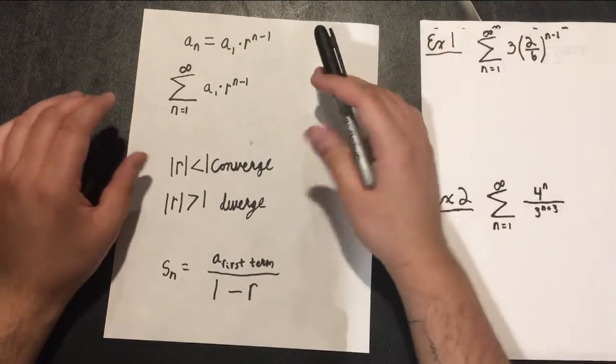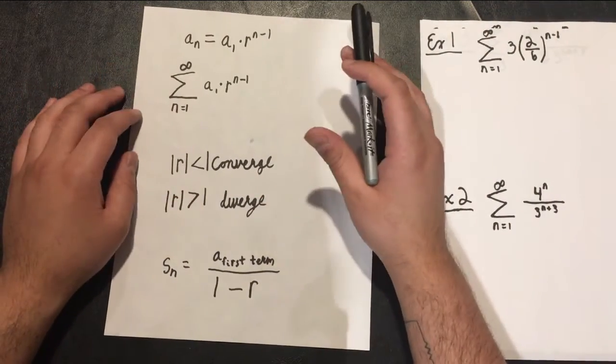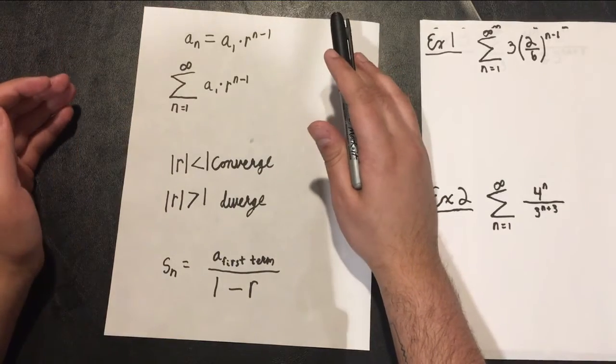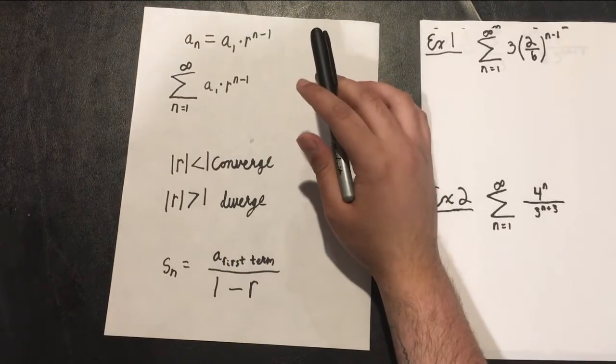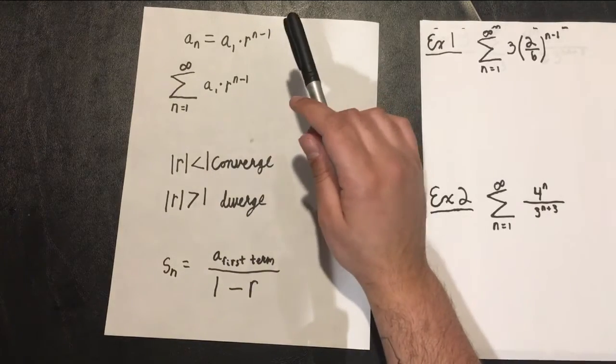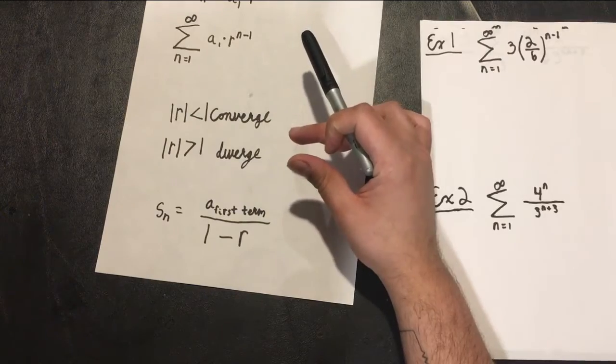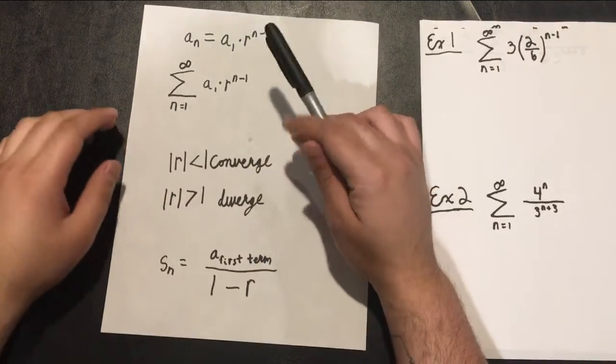So this is mainly for AP Calculus students or Calculus 2 students in university. I'm assuming you already are familiar with a series as well as the terms convergent and divergent and what those would mean. So I'm just going to go over this.